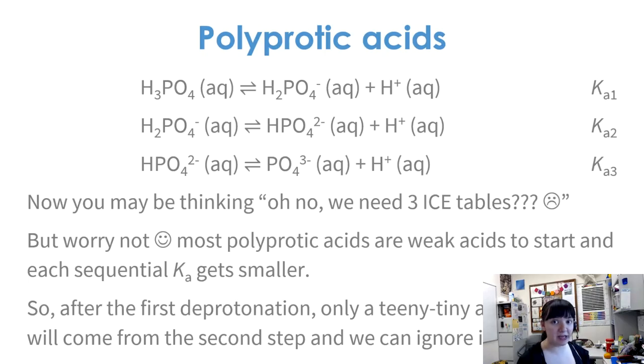So when it comes to the H plus concentration in a polyprotic acid solution, that H plus concentration usually just comes from the first deprotonation, and then it changes very little with each additional dissociation. And so a lot of the time, if we're really just concerned with what the pH of the solution is or what the H plus concentration is, we usually don't need multiple ICE tables to handle that.